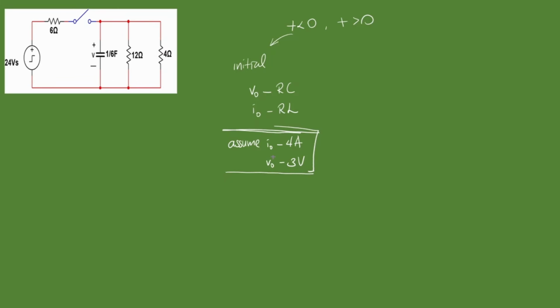The purpose of a switch that opens or closes at t equals 0 is for when initial conditions are not given. So when initial conditions are not given, you're solving for V naught for RC, you're solving for I naught for RL circuits.